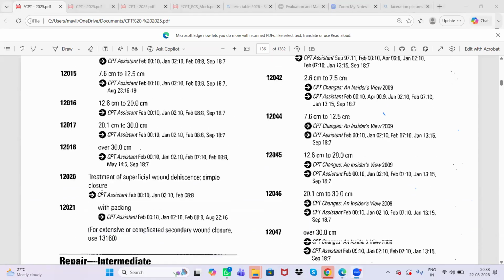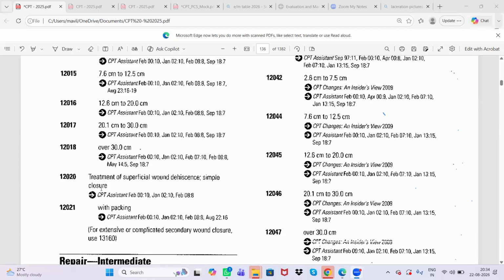What is dehiscence? What is wound dehiscence? Anyone aware? Opening of the sutured wounds. Yes. Sutures being opened for the wounds which were surgically closed. Okay, that is wound dehiscence.